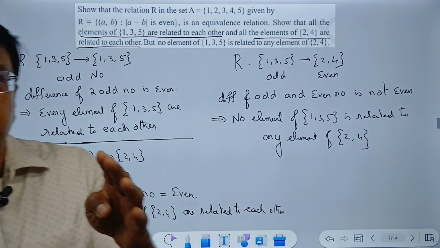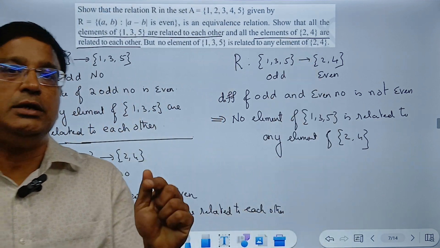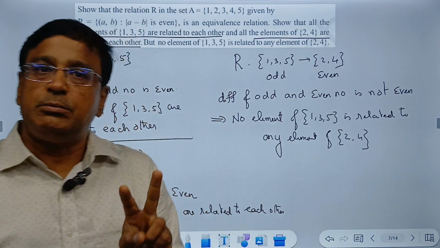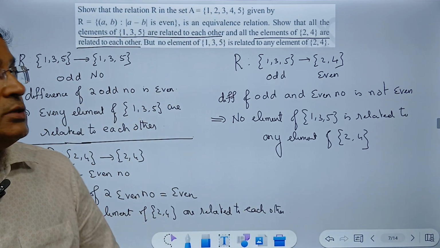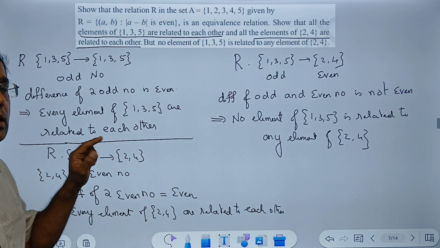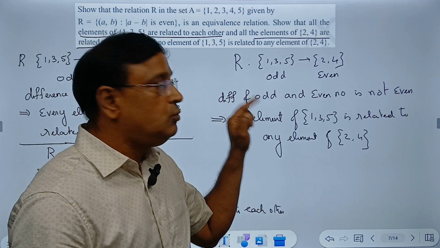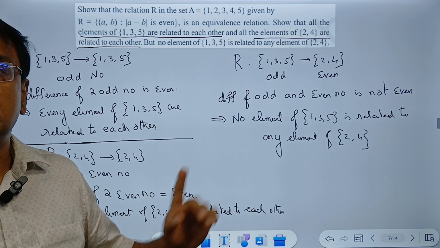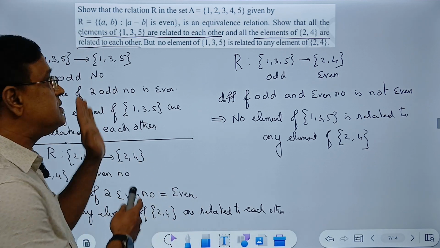There are actually 4 subdivisions in this. The first subdivision is the relation is from A to A. Second subdivision, the relation is from {1, 3, 5} to {1, 3, 5}. Third subdivision is the relation is from {2, 4} to {2, 4}. And the fourth subdivision is relation is from {1, 3, 5} to {2, 4}. In all cases except the last, it works because it satisfies the relation condition.